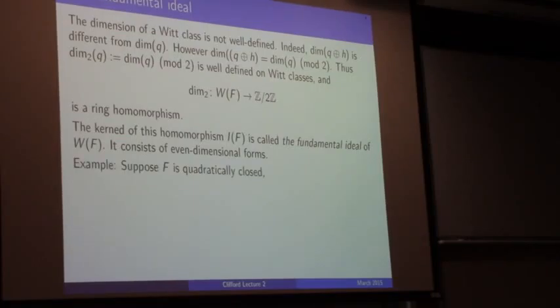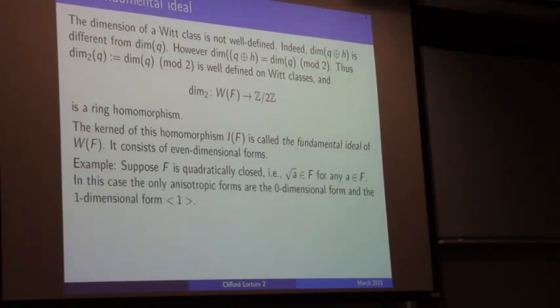So for example, if F is quadratically closed, of course, these fields are those closed under taking square roots. From the point of view of quadratic form theory, these are as good as algebraically closed, and so they don't admit any non-trivial forms.